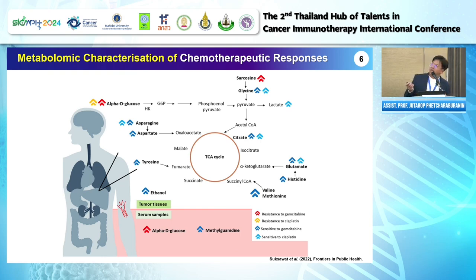As you can see, some metabolites, for example amino acids like tyrosine, histidine, glutamate, valine, and methionine, are much increased, and ethanol is also increased in the non-responders. That means the metabolism of these amino acids, as well as ethanol, has driven the resistance mechanism of cholangiocarcinoma.